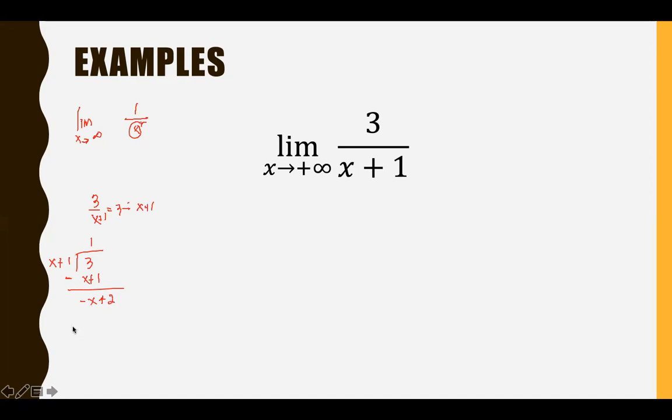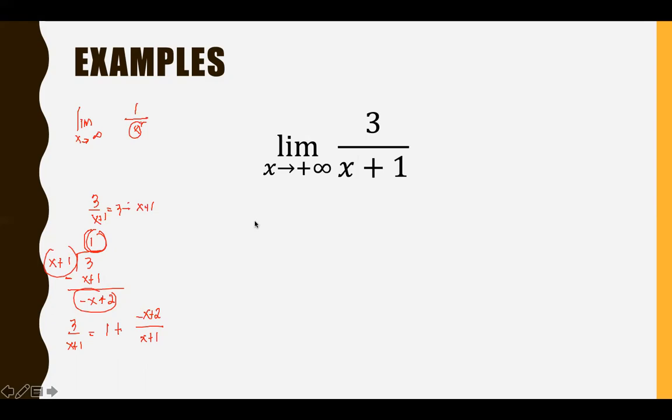So technically then, 3 over x plus 1 is just equal to the quotient 1 plus the remainder negative x plus 2 over x plus 1. If you can remember it way back in grade 10, right? The quotient plus the remainder over the divisor.